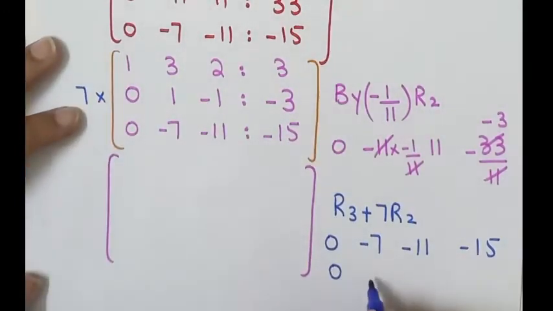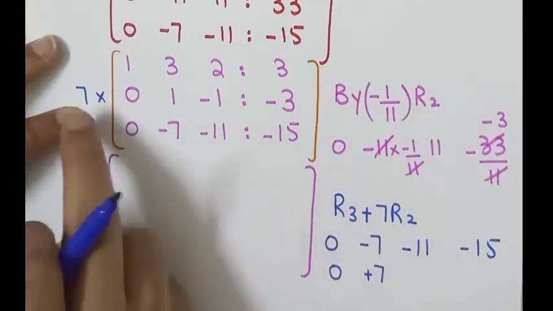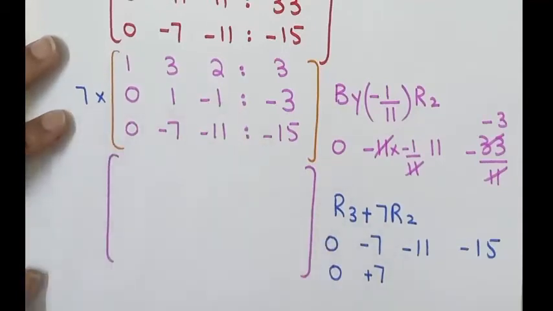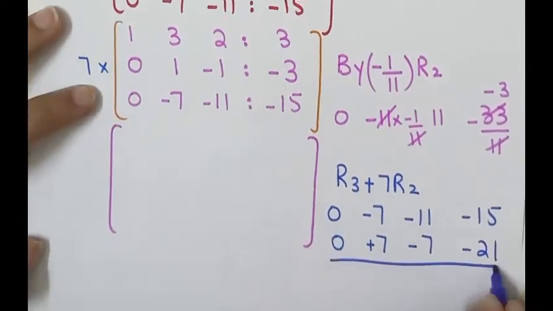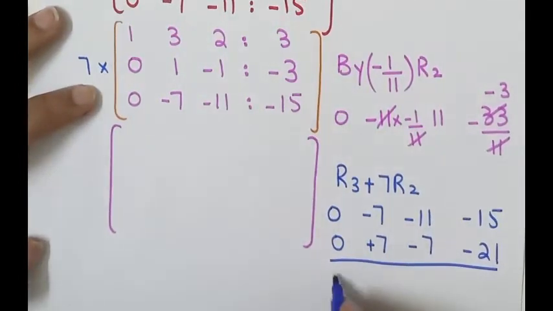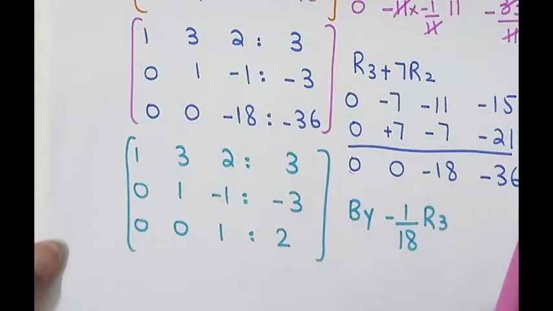We have 0, then 7 times 1 is 7, 7 times minus 1 is minus 7, and 7 times 3 is 21. Now we will add them: 0, 0, minus 18, and this is the third row. I have written the third row. The other two rows will be written as they are.